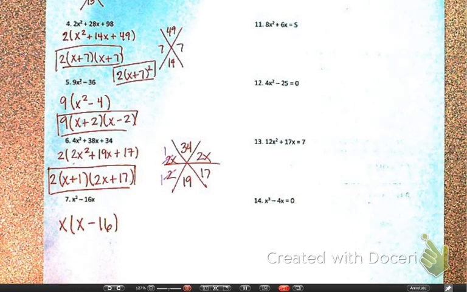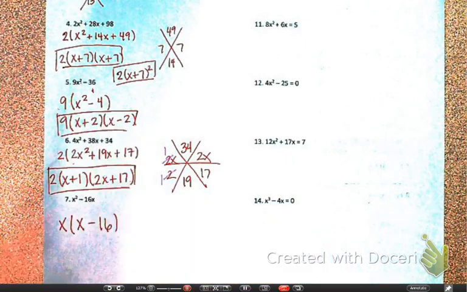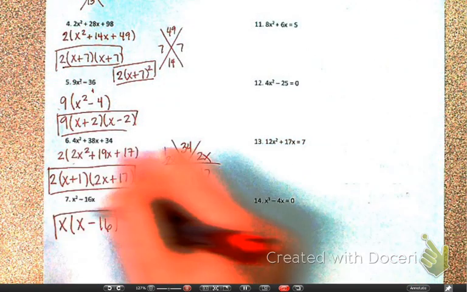Don't try to factor something that cannot be factored more. So all you had to do was pull out the x and you're done there. For number 5, how can you get negative 4? Negative 36 divided by 9 is negative 4. Okay, so this one was just GCF.